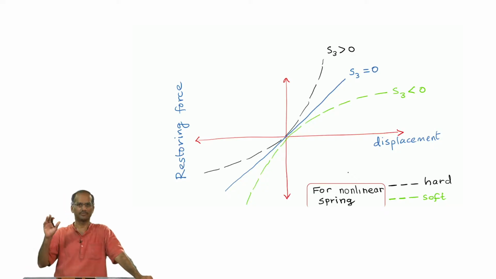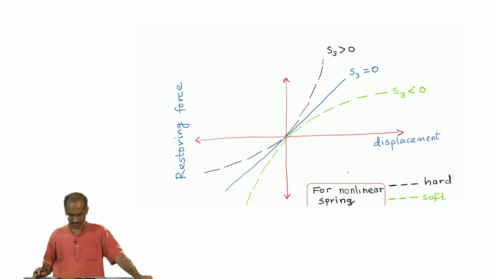That is what we had seen as a standard for pretty much the 11 weeks that we had gone through. That is the case of linearity. Nonlinearity comes whenever S3 is not equal to 0. In particular, when S3 is greater than 0, the curve looks like the black dashed curve, and when S3 is less than 0, it is the green curve.